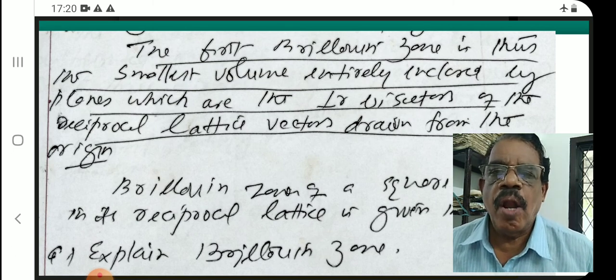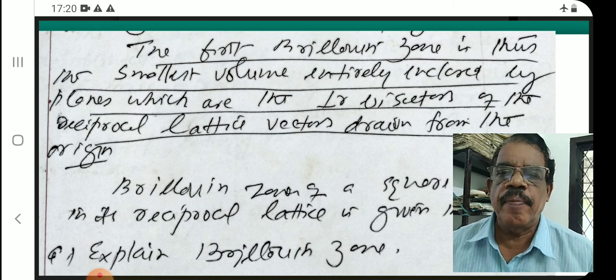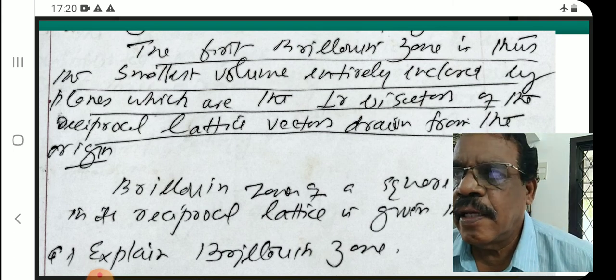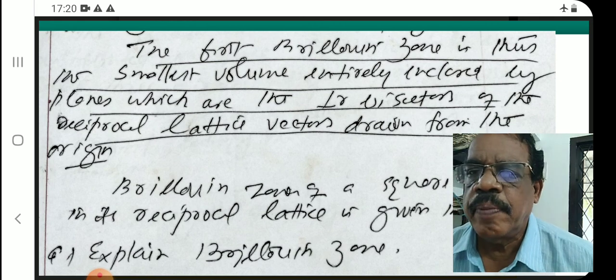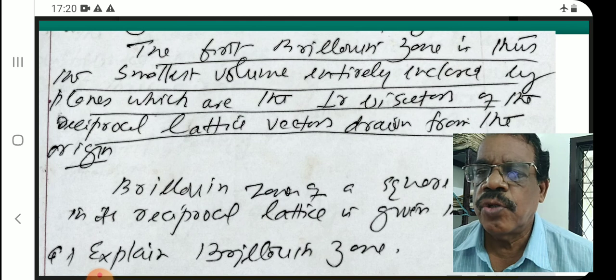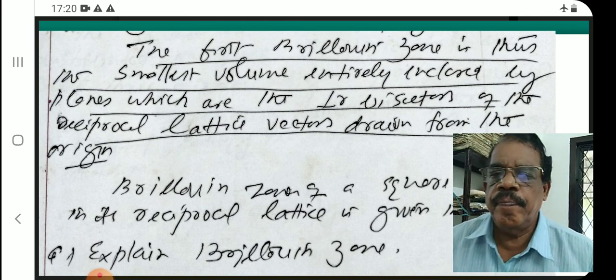These are planes, not lines, in 3 dimensions.